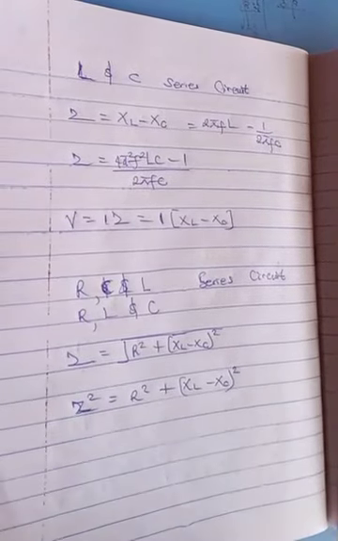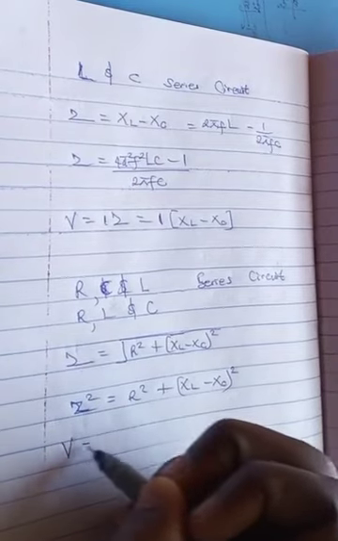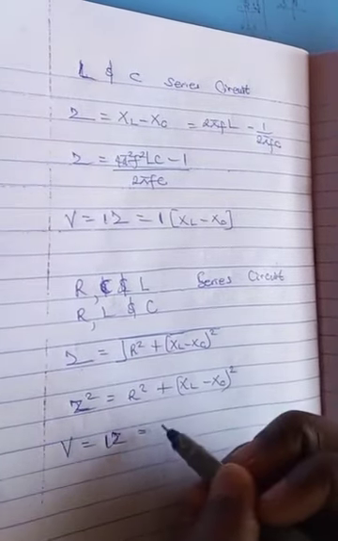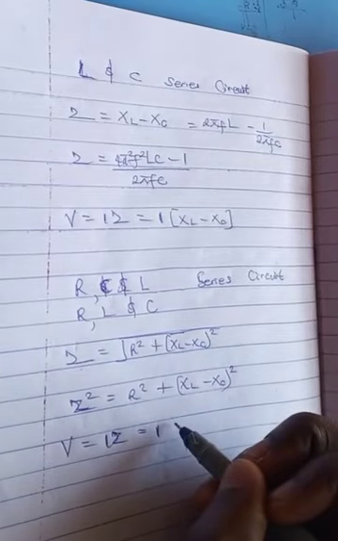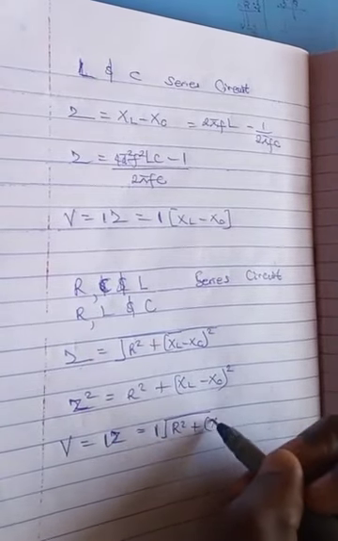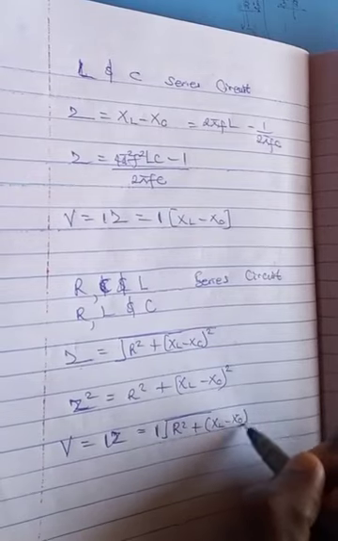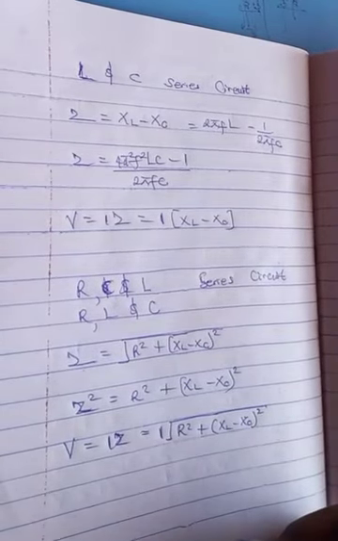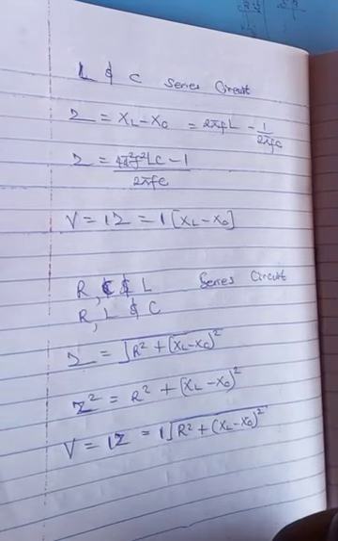So this is what you have to know about the impedance, and from there V is equal to IZ also, where Z stands for the square root of R squared plus (XL minus XC) squared. So this is what you have about capacitors, resistors, and inductors in series circuits.